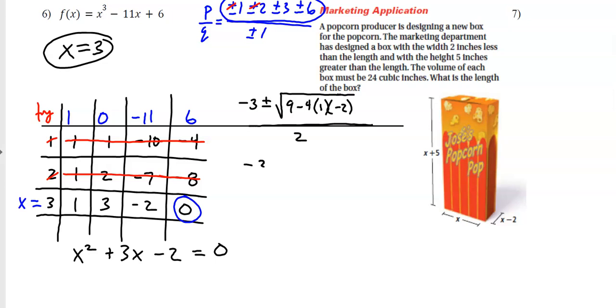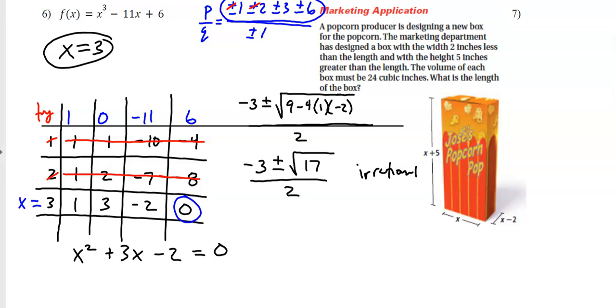I'm going to have negative 3 plus or minus the square root of, well, that's 9 plus 8, which is 17, divided by 2. And that's going to be irrational. That square root of 17 is going to be a nasty decimal that goes on forever.